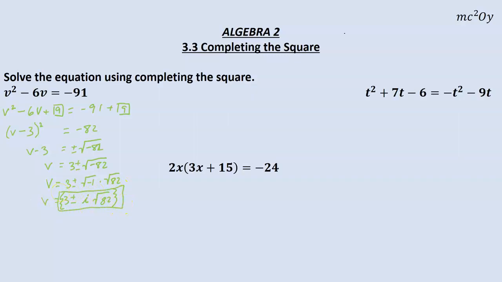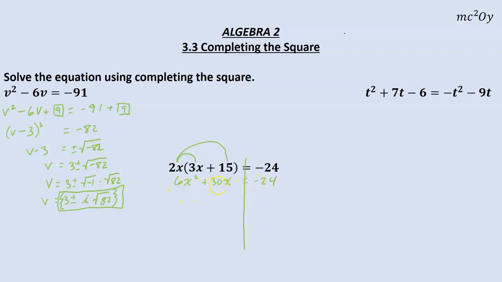All right. Now let's go ahead and try this one here. We're going to distribute. We're going to get 6x squared. We're going to get it into more of a standard form. Plus 30x equals negative 24. Okay. Well, anytime you have an a term out here, you want to get rid of that a term by dividing by a.